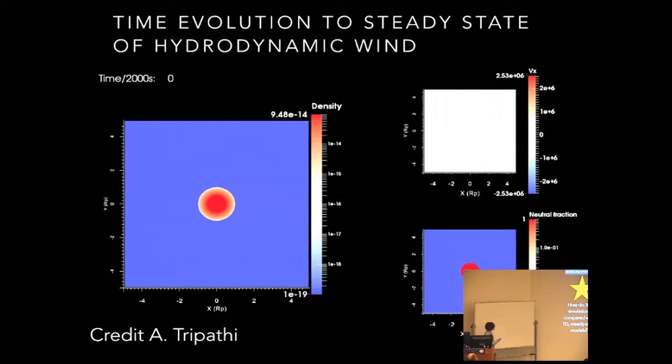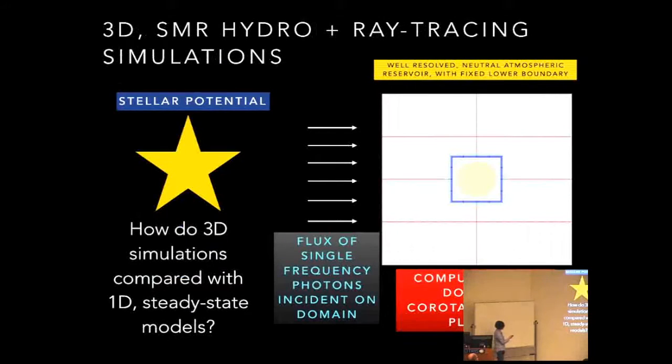The star itself is only included by a stellar potential. So we have the star's gravity, the planet's gravity, so we have tidal gravity included. The Coriolis force is not included in these simulations, although it will be in subsequent work. And for the scales of these boxes, it's probably not that important.